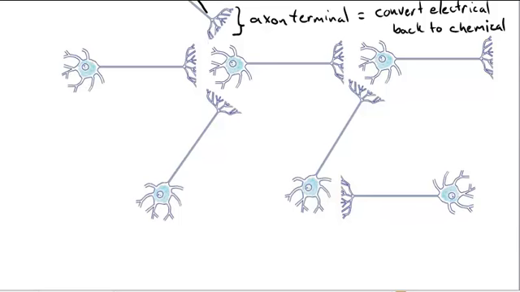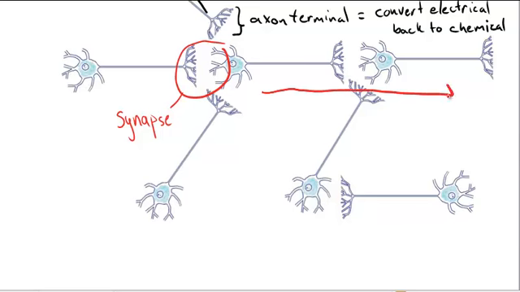What we're going to focus on today is this area right here, which is called the synapse. At a synapse, you can have multiple neurons feeding into the next dendrite. So the signal would be going this way, and this way, and over here, that way. On the next page we're going to look in detail at the structure of the synapse.